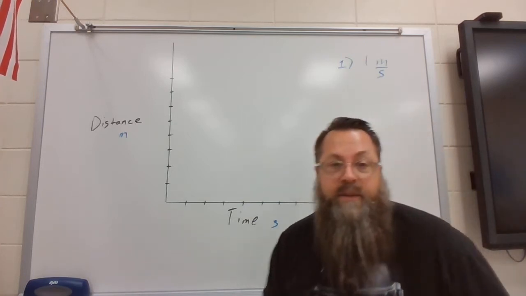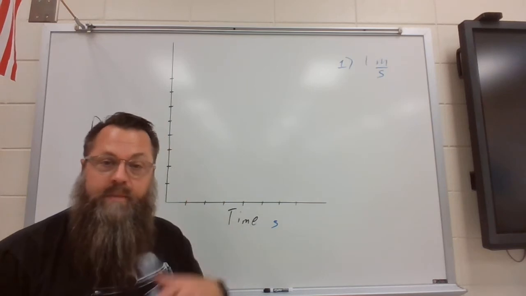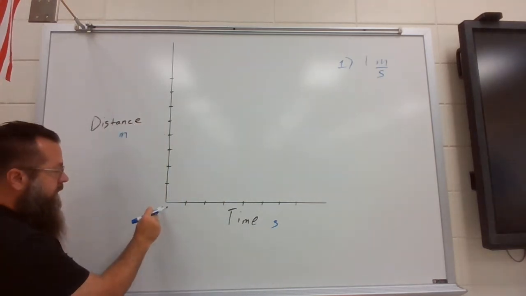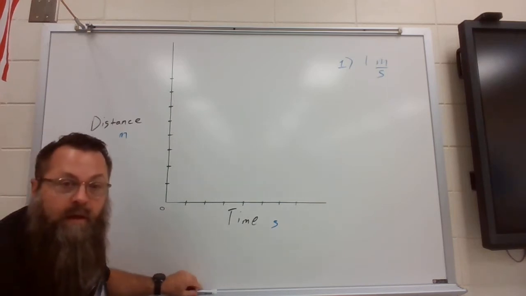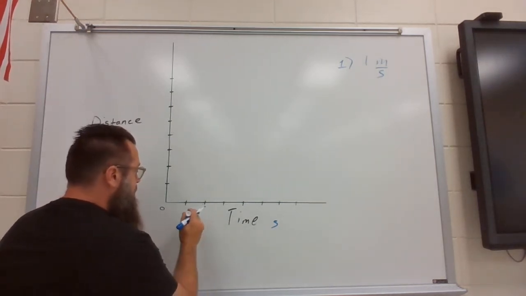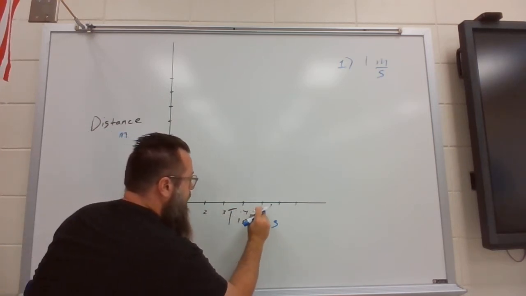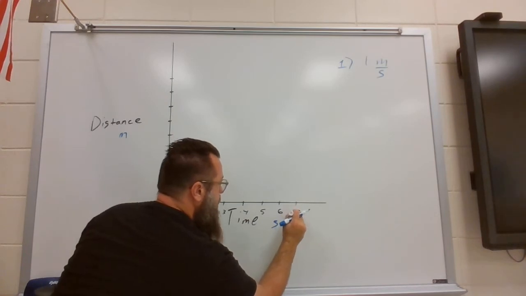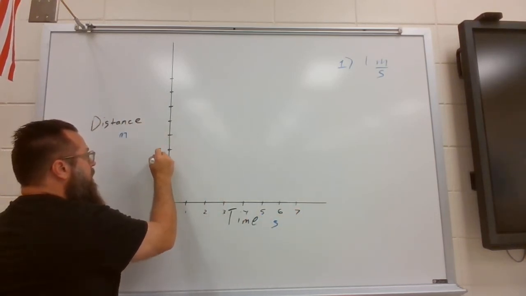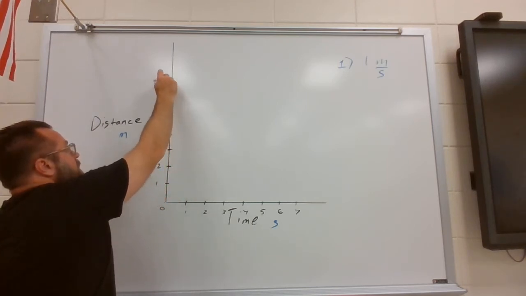If we call this the 0 point, at the origin, let's mark 1, 2, 3, 4, 5, 6, and 7 seconds. We also need meters, 1, 2, 3, 4, 5, 6, 7, up to 8.